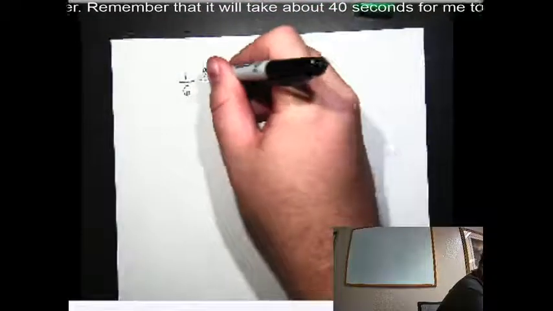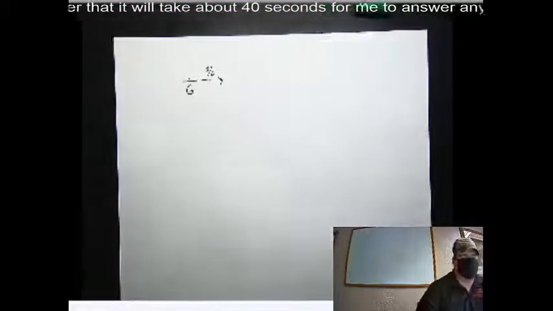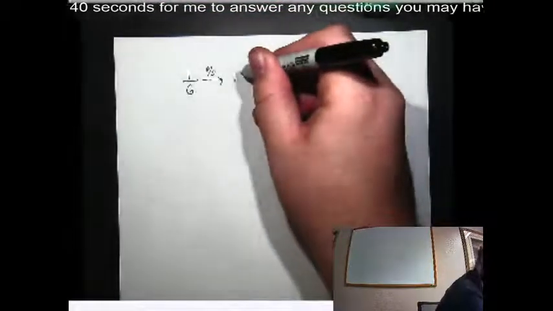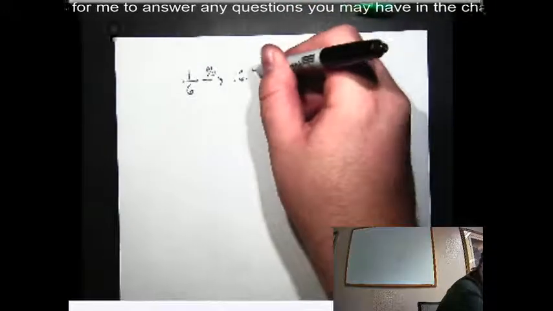And so the percent chance of rolling a 1 would be, let's see, 16.7.